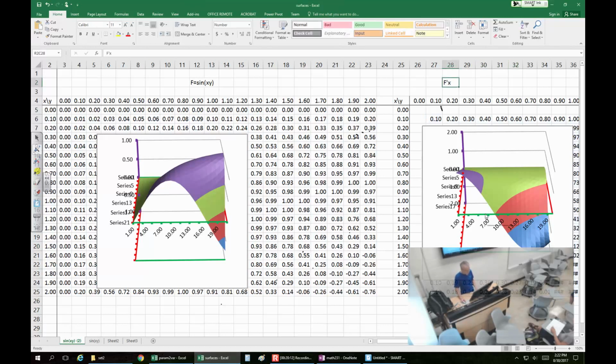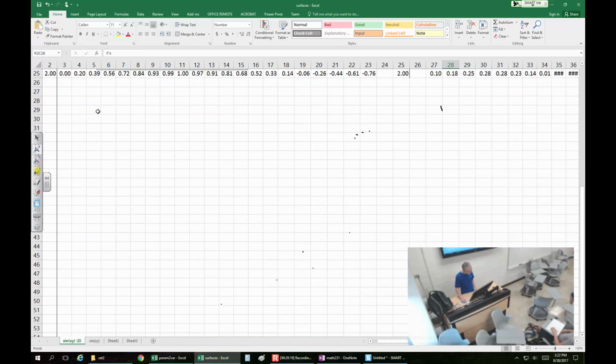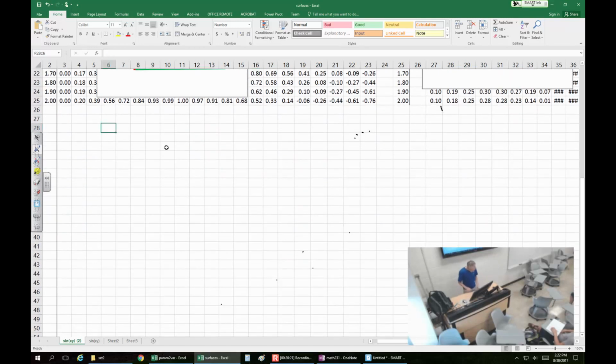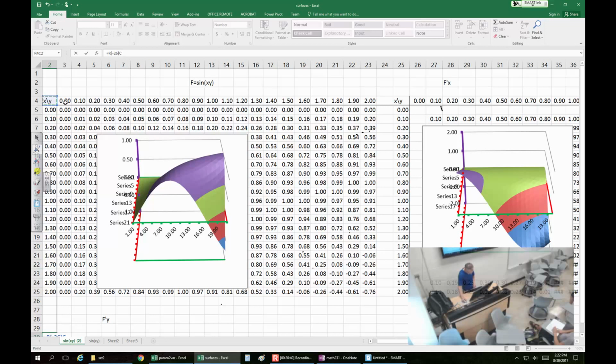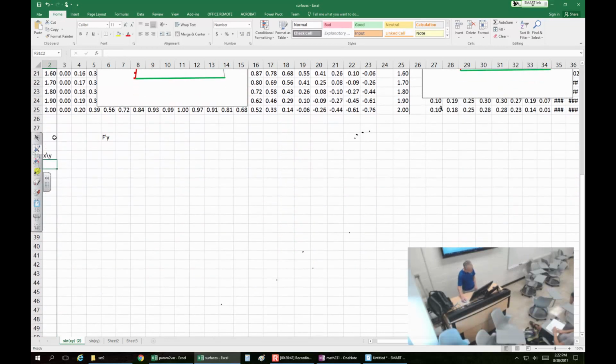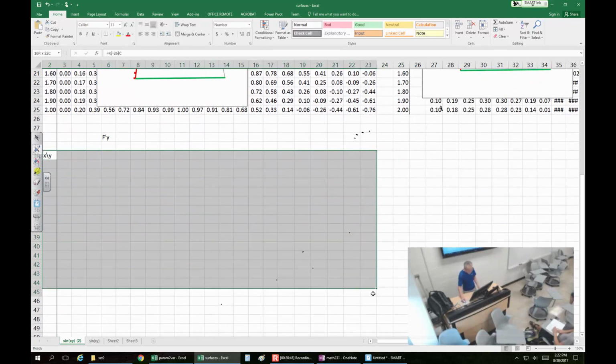So meaning I will have f prime x, f prime y. Okay, so over here I have f prime y. Once again I'll do the same thing. So this is equal to this value over here. Let me start right here. Over here, equal to this value. Then we are spreading like this.